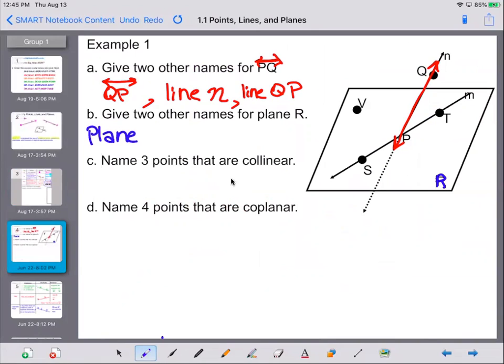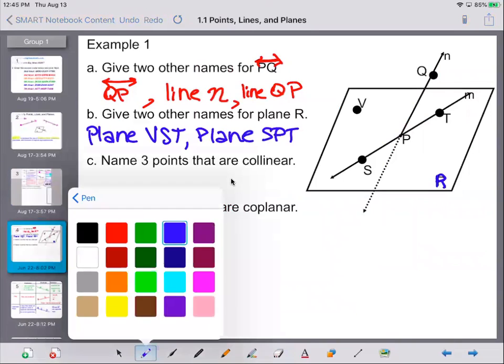So let's just pick 3 random points. Let's say V, S, and T. But it needs another name. They asked for 2, so we'll say plane, and then I can pick 3 other points. So let's say S, P, and T. Why did I not choose Q? Well, is Q on plane R? No, it is not. And so I'm not going to choose Q.